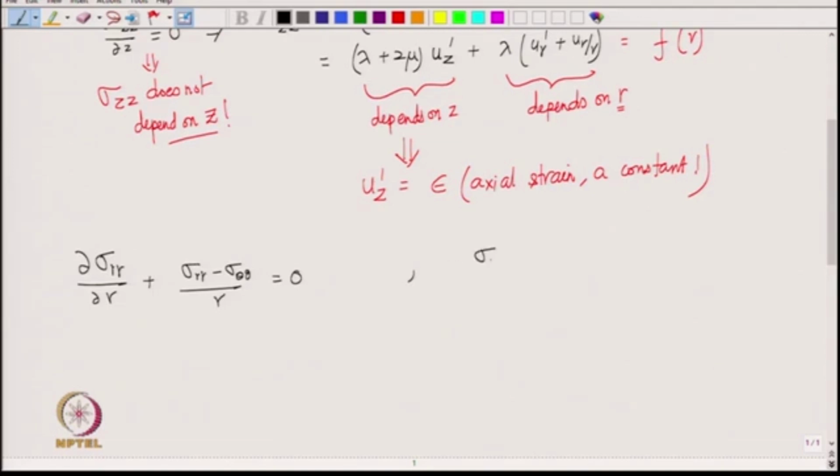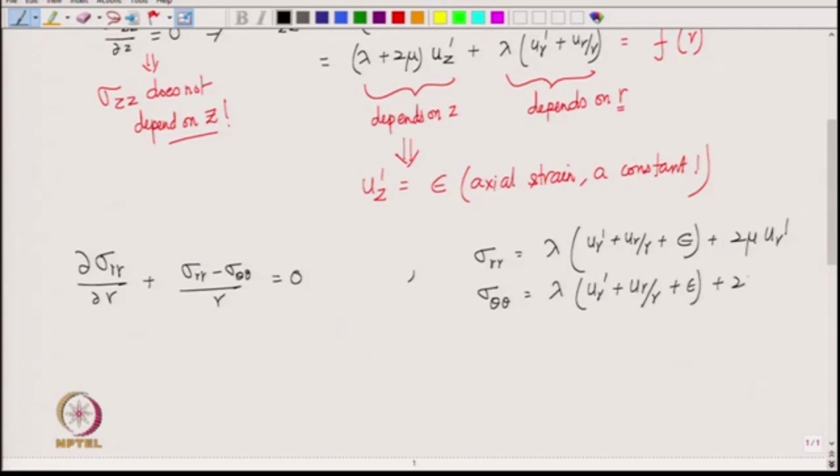So, we know that sigma r r, for example, is lambda times u r prime plus u r by r plus epsilon, because u z prime is epsilon, plus 2 mu u r prime. Likewise, sigma theta theta is lambda times u r prime plus u r by r plus epsilon plus 2 mu u r by r, right.